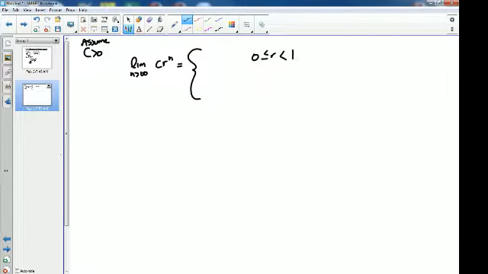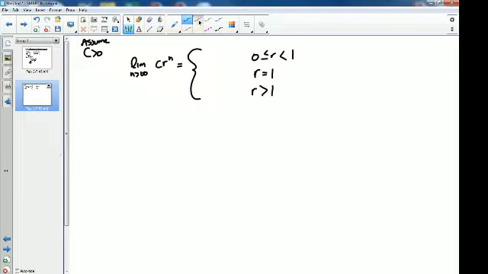It's going to be a piecewise result. So we have to consider if R is between 0 and 1, if R equals 1, and if R is greater than 1. Those are our cases, and so our answers will go here. What happens if R is between 0 and 1?